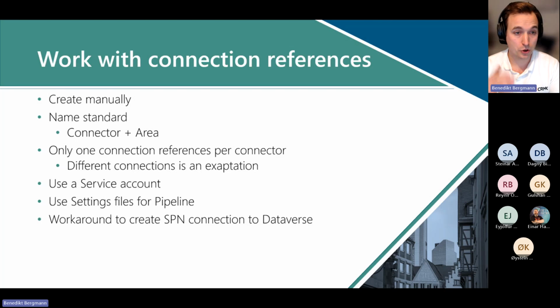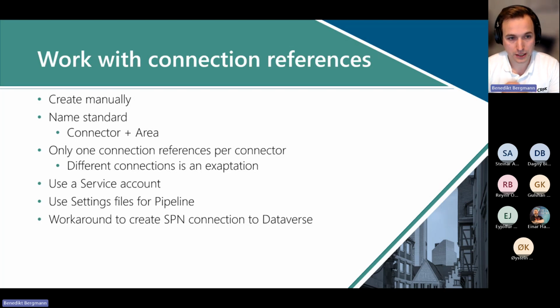If we use a personal user in the connection to connect to a service, and this person leaves the company, the user gets inactivated and our flows stop working. That's not what we want. So we should have a service principal wherever it's possible. For example, when it comes to Teams or SharePoint, we can't use a service principal, so we have to use a named user.